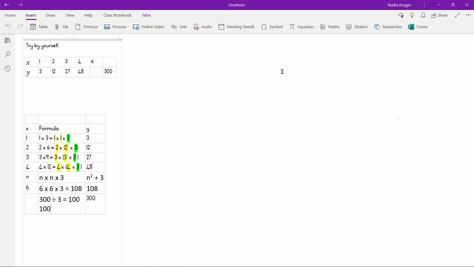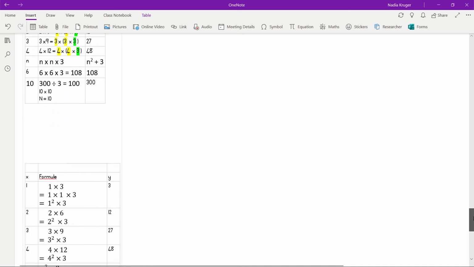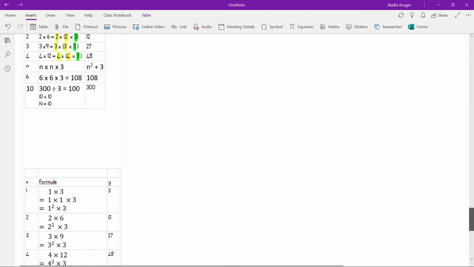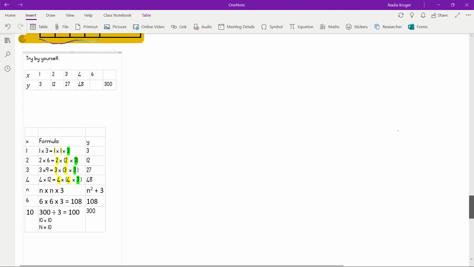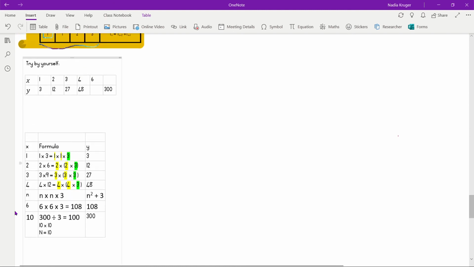And then we take 100 and we have to get the root of 100. And we know that 10 times 10 is 100. Therefore, our n in this pattern is equal to 10. Okay, excuse the capital letter. You guys at least know what it should be. And that is basically how we get to this pattern.